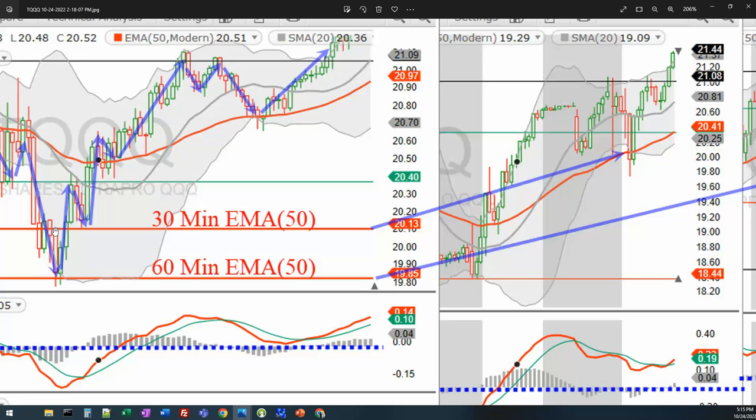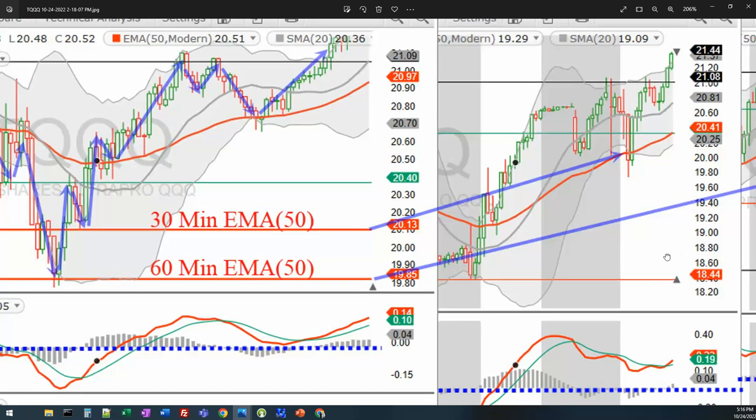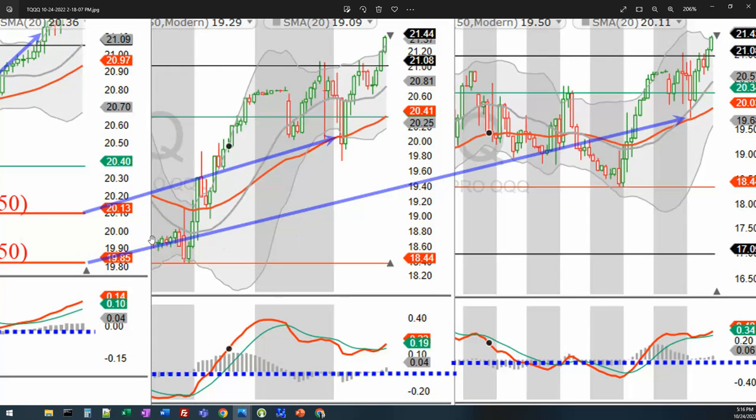Okay, see that? It came back up, retraced, failed, and how did I know? Well, this is the 60 EMA 50. Look at that. It bounced off it perfectly. Look at the wick. When you see that bottom wick, you're like, ah, it found support. Follow this, look at the blue arrow.